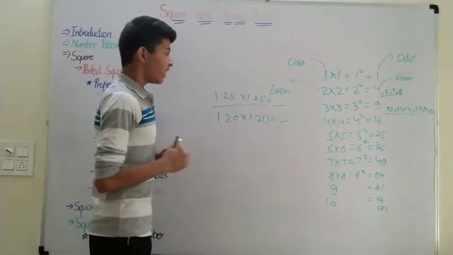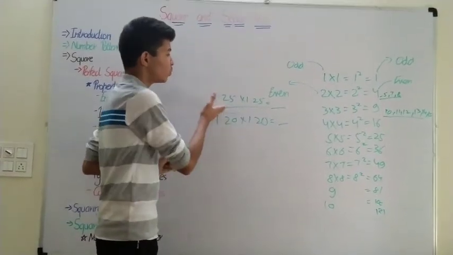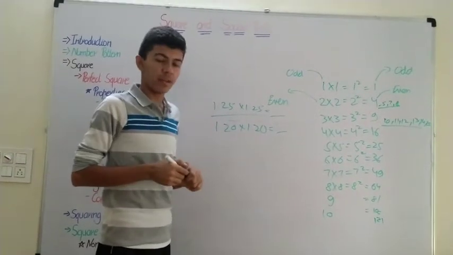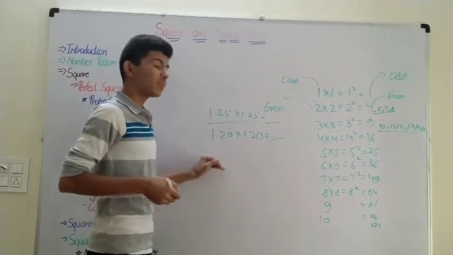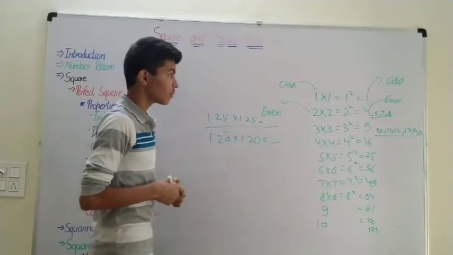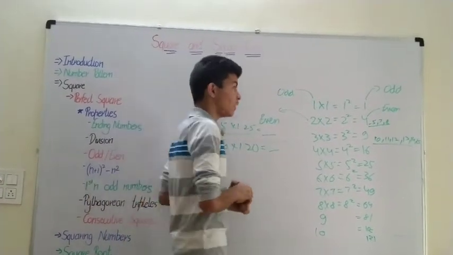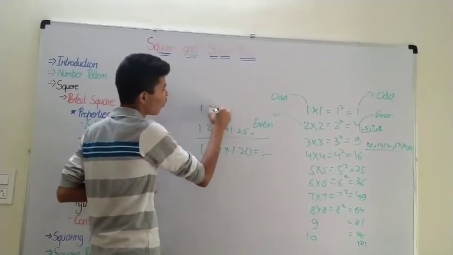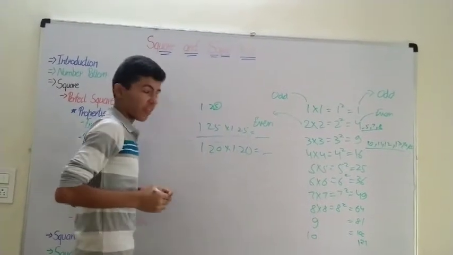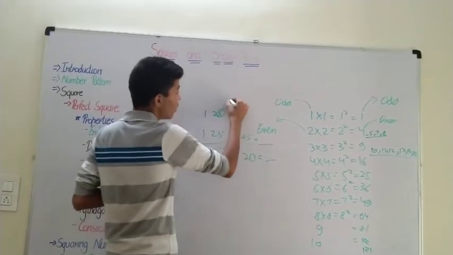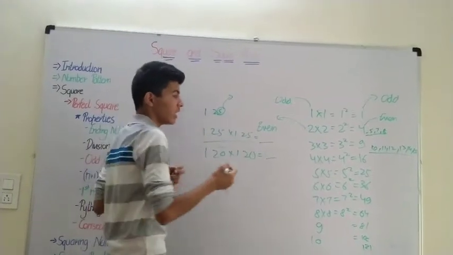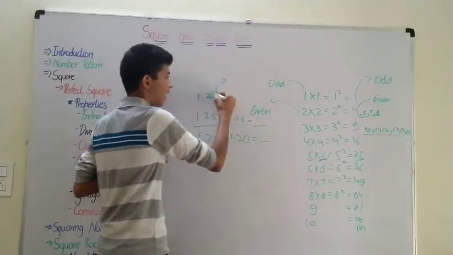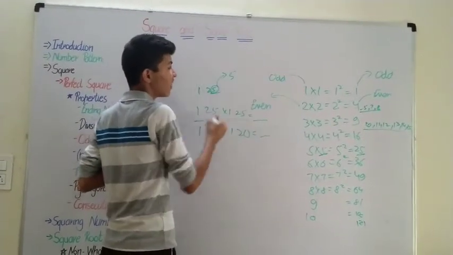Now I have told you the number must be odd, but which number would that be? We can work this out. Just like in 1.25, the number is ending with 5, and here we can predict that the square is ending with 5, so the unit place will be 5.